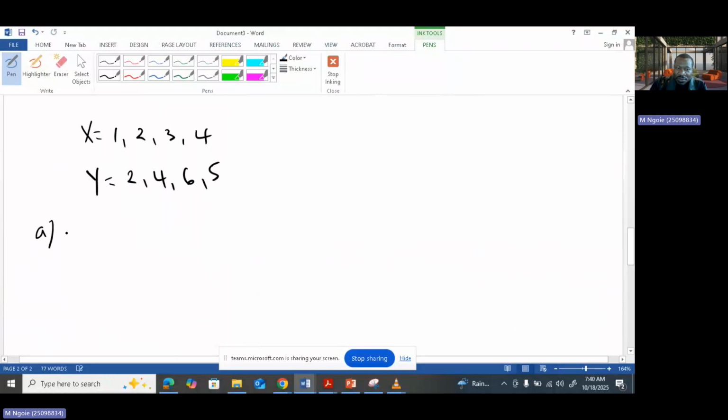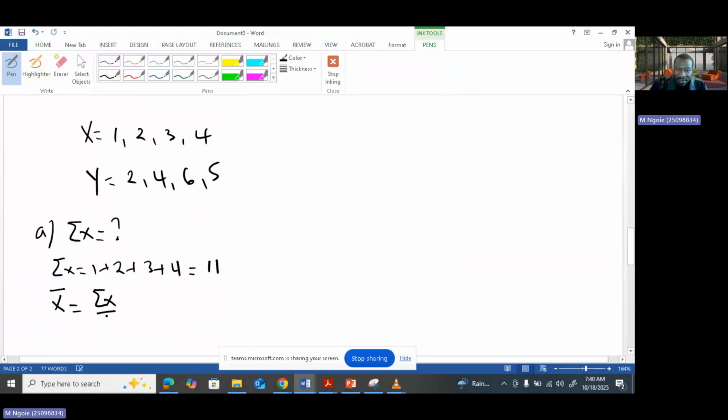Now, they can ask you to find the sum of x. You know how to get the sum of x. So the sum of x is 1 plus 2 plus 3 plus 4. That's going to be 3, 6, 10. They can ask you to get the average.